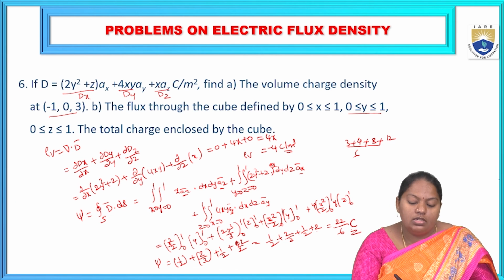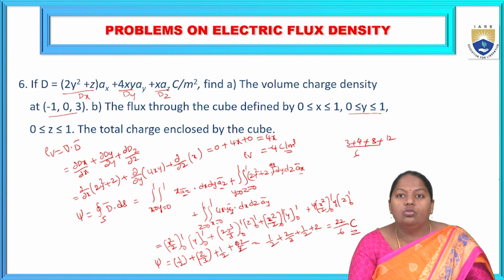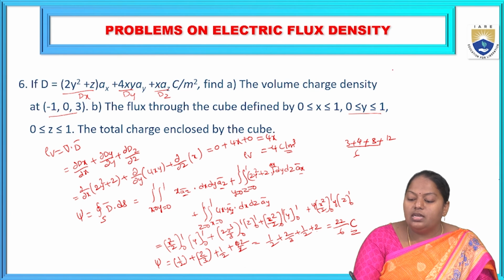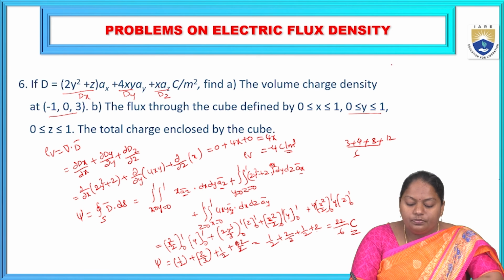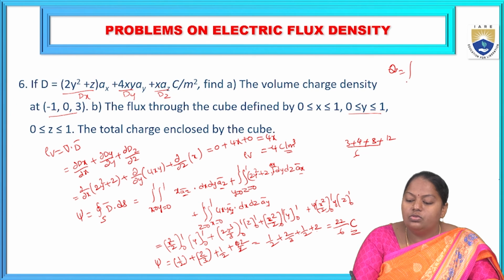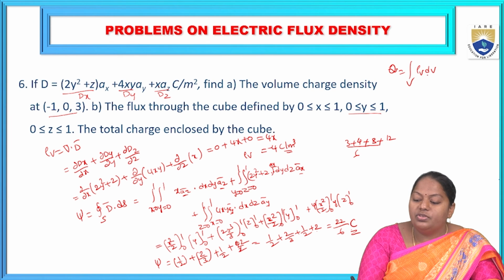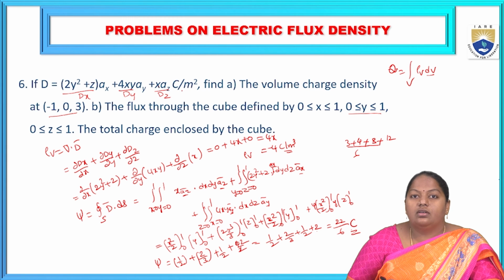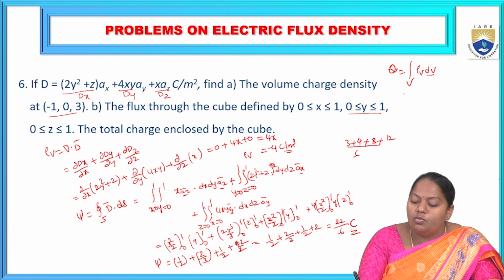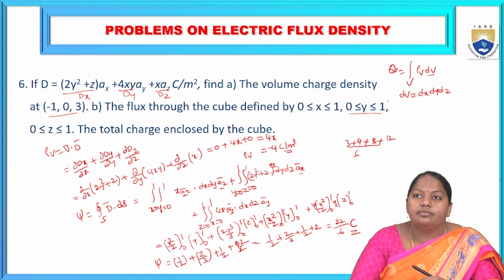Then the total charge enclosed by the cube can be given by Q equal to the integral of rho v dv. The formula for dv in the Cartesian coordinate system, with variables x, y, z, is dx dy dz.